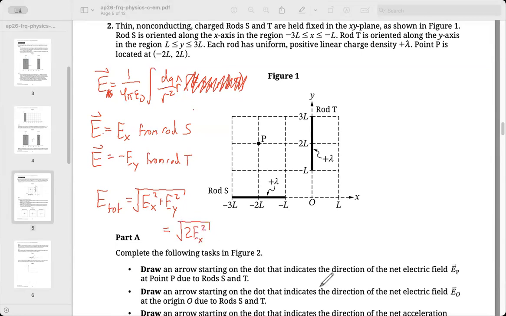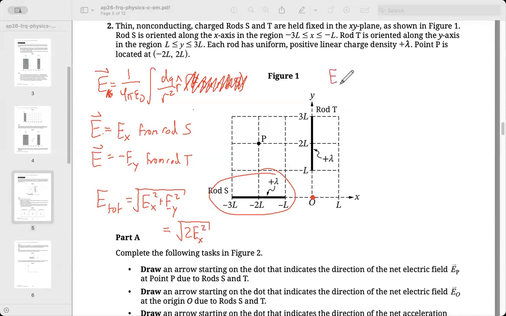So all we have to do in this problem is find the electric field at the origin due to just one of the rods, square it, multiply it by 2, and then take the square root. So you'll end up with root 2 times your original electric field.